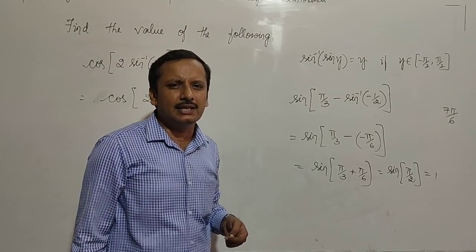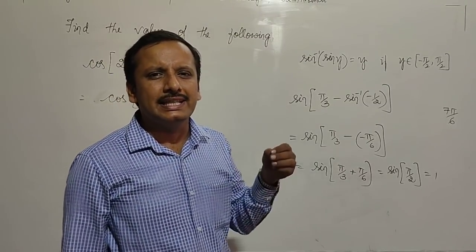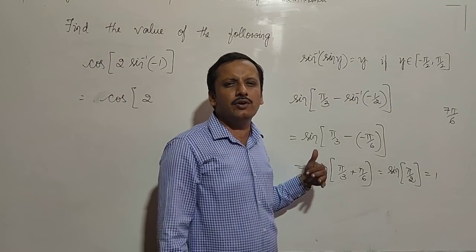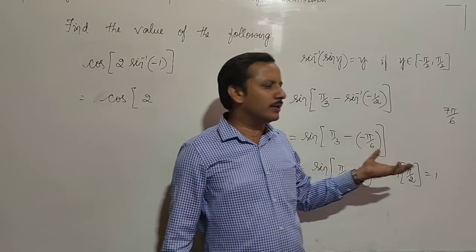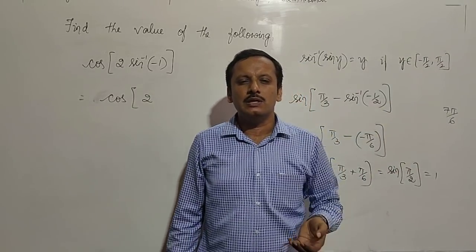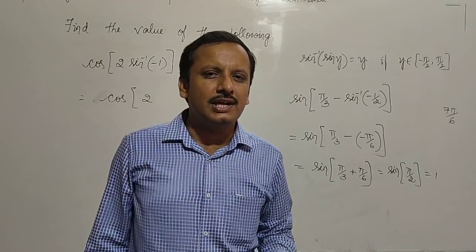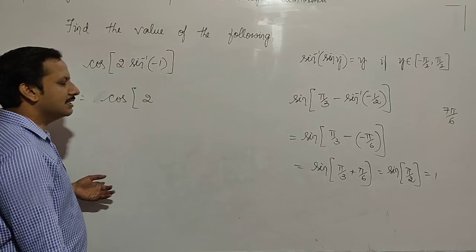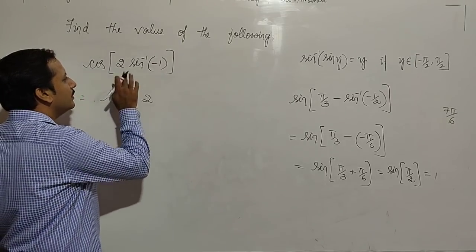Then sin theta is equal to minus 1. Sin theta will be equal to minus 1 when theta is equal to minus pi by 2. So again I am repeating that theta should be in this interval. I want an angle theta such that sin theta is equal to minus 1. That angle is nothing but minus pi by 2.